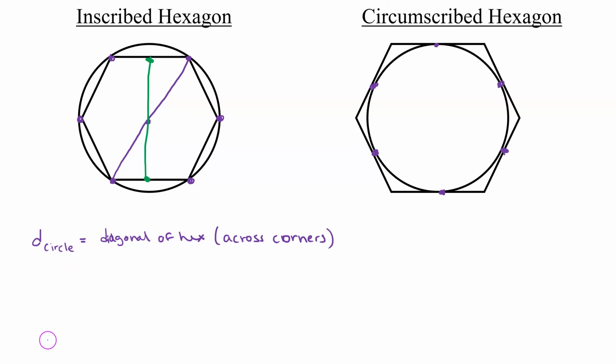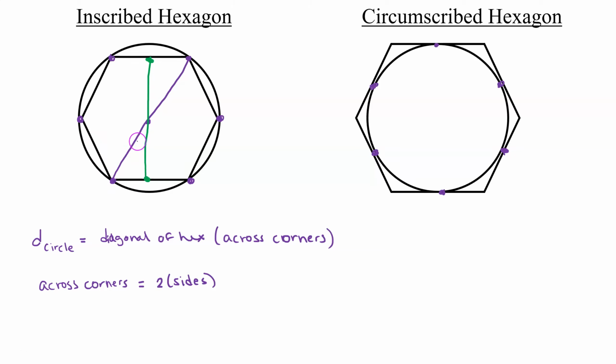Another relationship that's really just within the hexagon itself, it doesn't really have anything to do with the circle, but it's useful, is the across corners, so the purple line here. That is equal to 2 sides of the hexagon. So this right here is double a side of the hexagon.